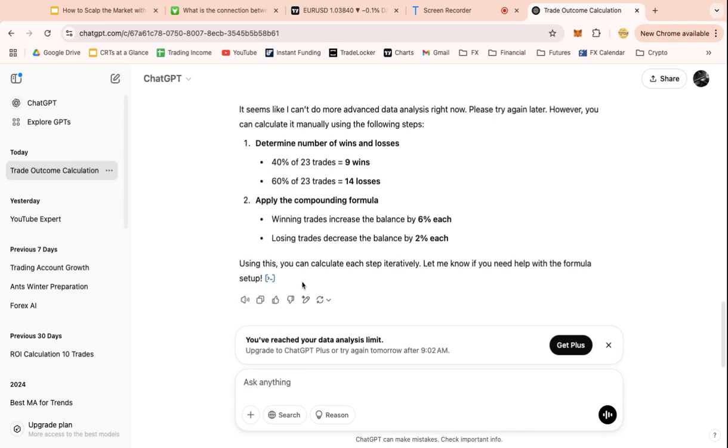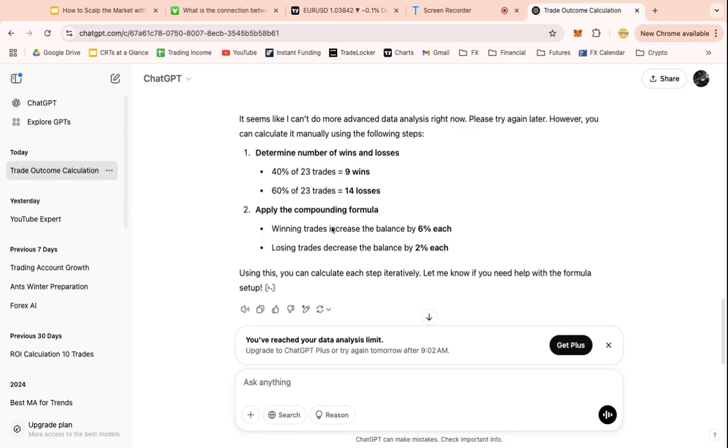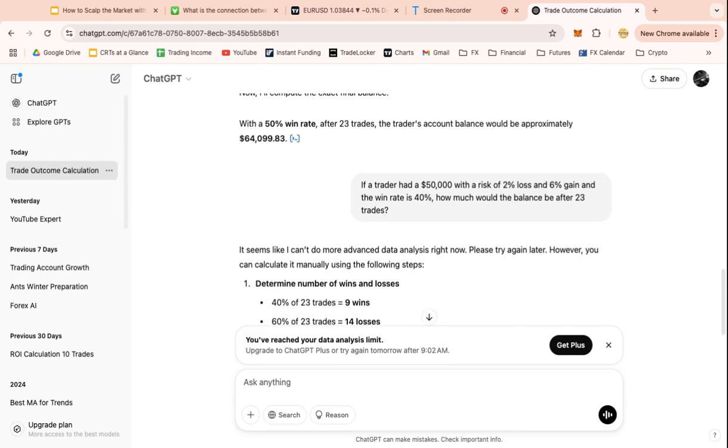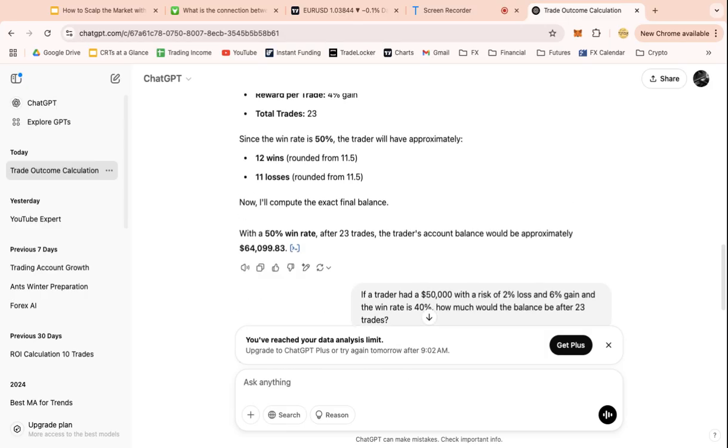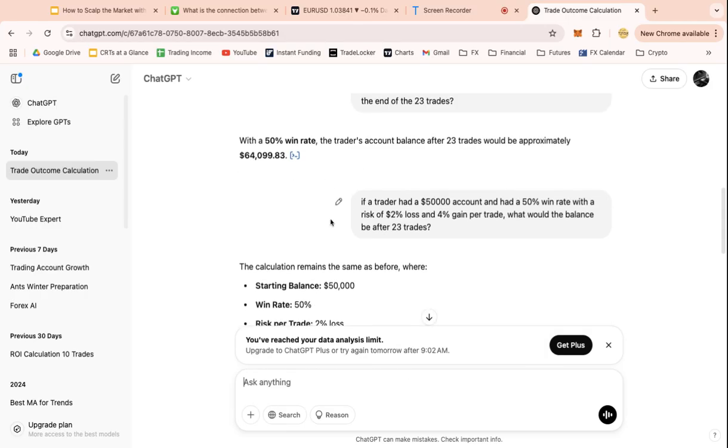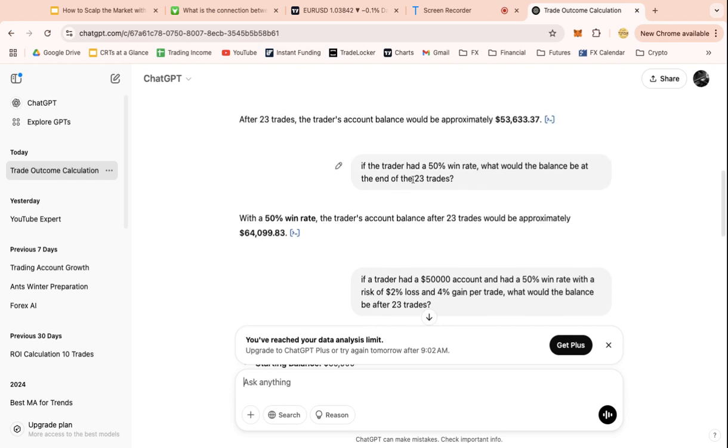All right, looks like I reached my limit. But anyway, you can definitely understand that the potential is there. I can promise you, it would have been more than the 53 grand that you would have seen in the first calculation, just by adjusting your risk to reward ratio.